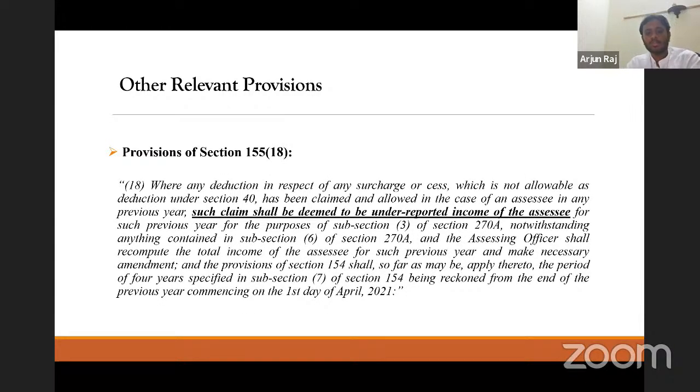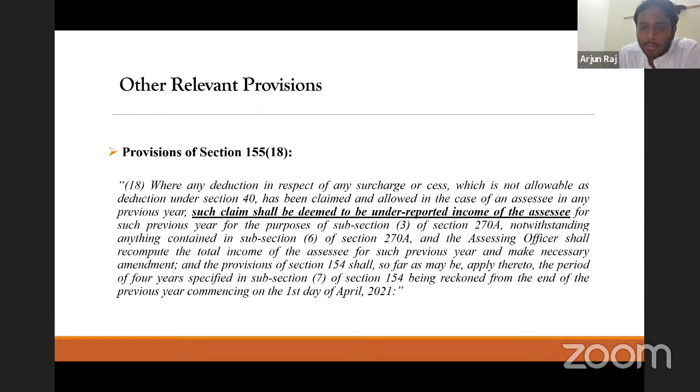And similarly, there was a new section in 2022. This was introduced in 155 subsection 18 with respect to the claim of surcharge. This is even more interesting, where they have stated surcharge, which is not allowable as deduction under section 40, has been claimed and allowed in the case of an assessee in any previous year.